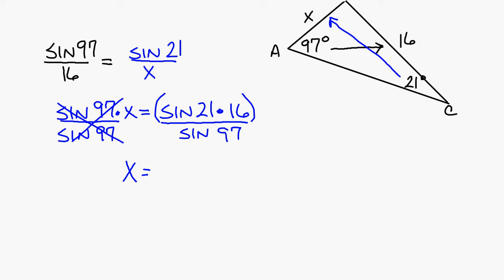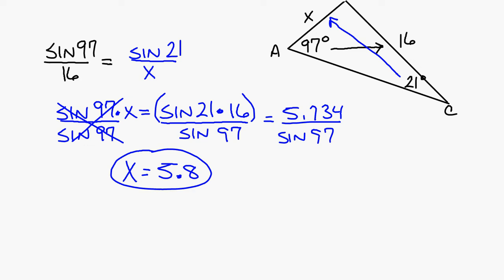So I got sine 21 times 16, and in my calculator, for the top, I got 5.734. I have to divide that by sine 97. You can just leave this 5.734 sitting in your calculator and then push divided by sine 97 and hit equals. It looks like we're rounding to the nearest tenth, so we've got 5.8 as this side.